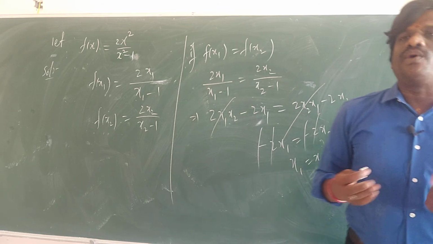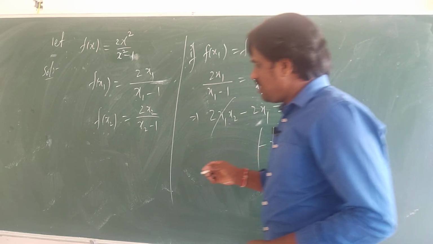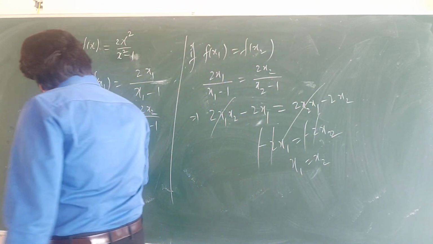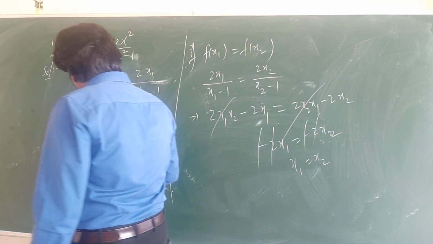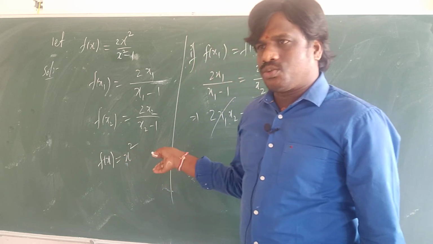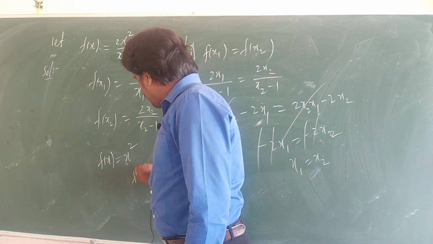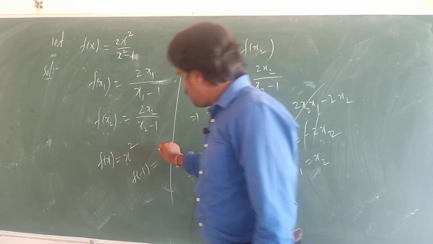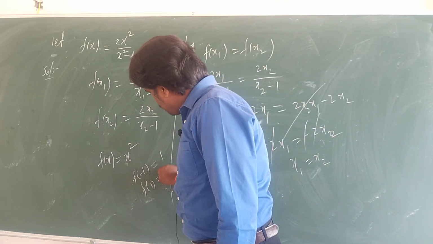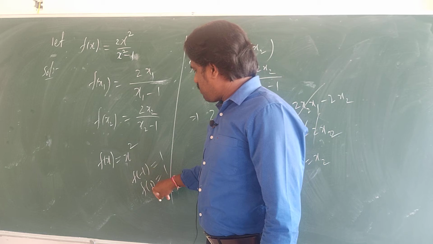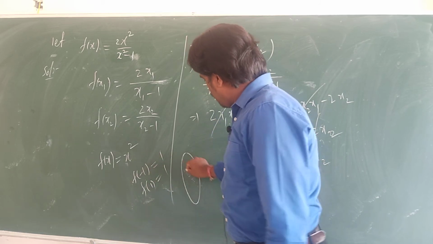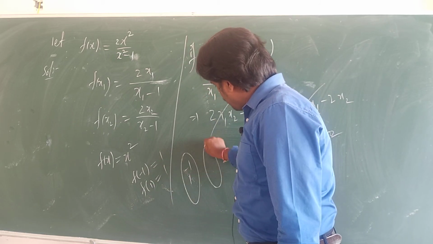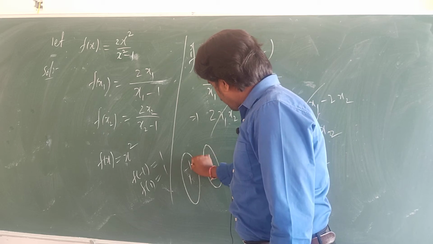Clear? Why? The reason is, suppose I am just taking f of x is equal to x square. This function I am taking. If it is R to R, then the image of -1 will be how much? -1 square is 1, and the image of +1 will be how much? 1. So -1 and +1 have the same image. Like here, -1 and +1 are both going to 1.